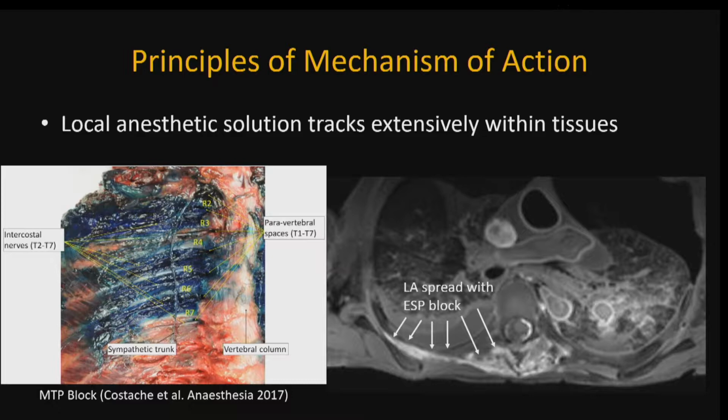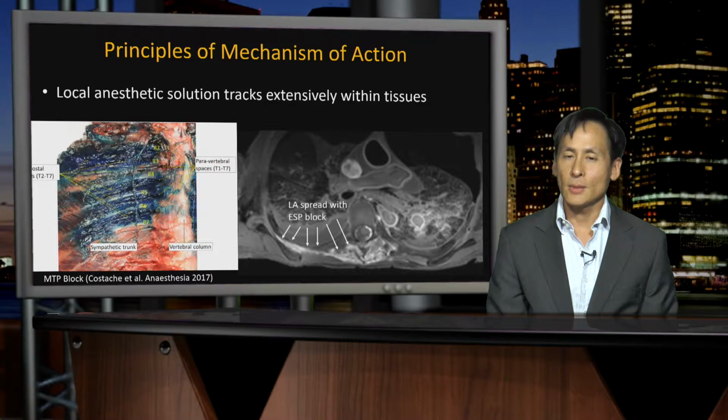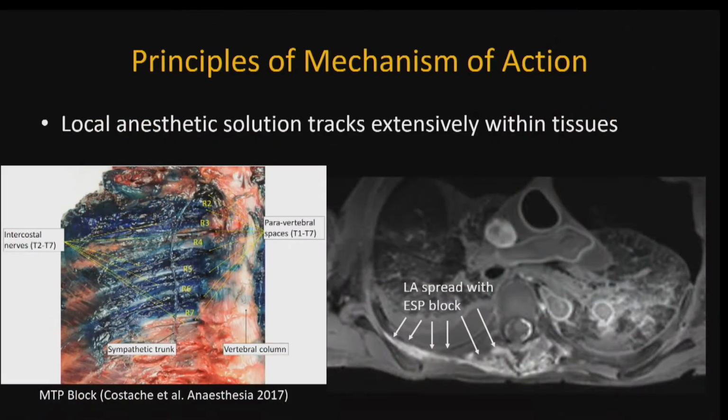And what they did was inject just a little bit deeper to the erector spinae plane, but what they found was that there was spread all the way into the paravertebral spaces and the intercostal spaces, as well as the erector spinae plane. Similarly, when we have injected deep to the erector spinae muscle, you can see on the right side image, which is an MRI image, that there's this extensive lateral spread into the intercostal space, staining of the muscle, and even into the epidural and paravertebral space.